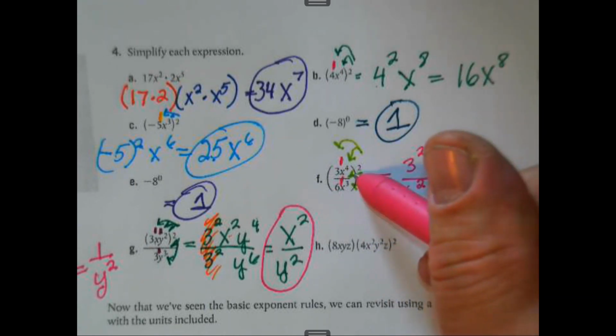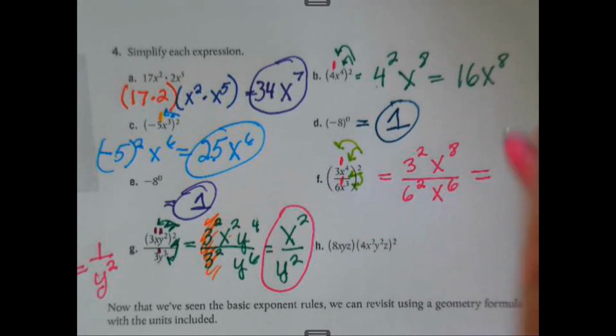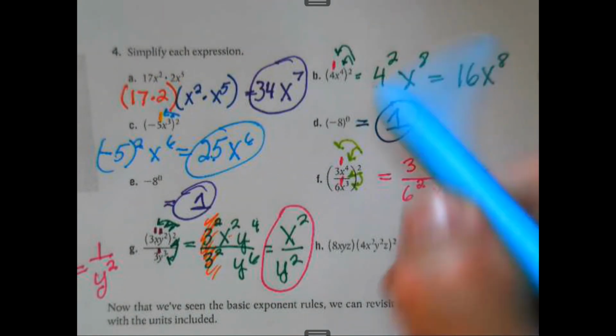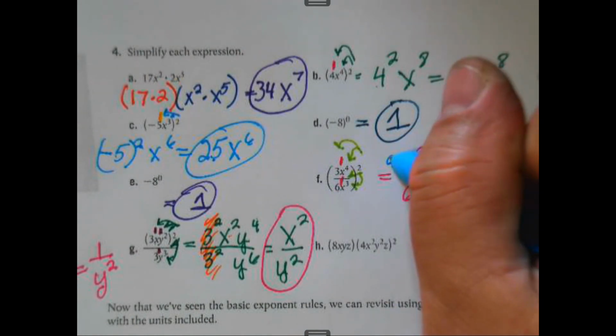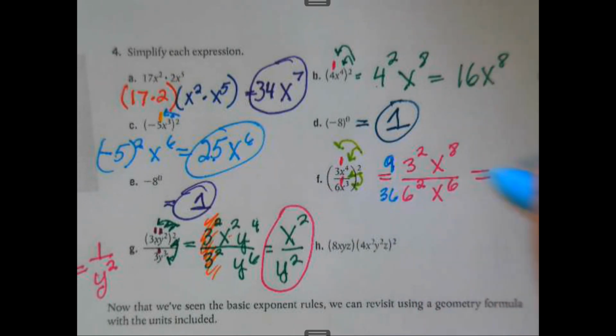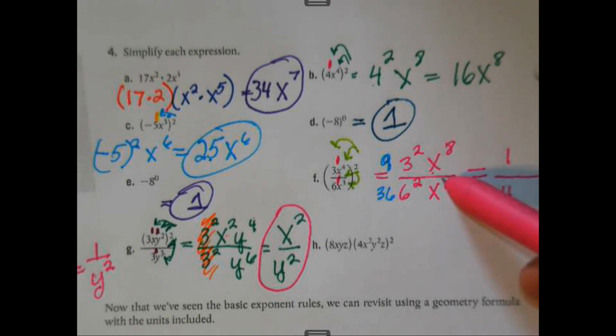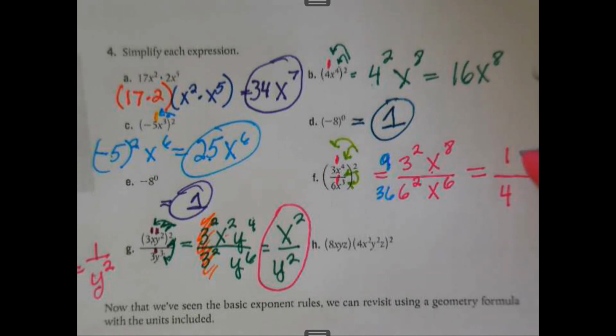And x to the 3 times 2 is x to the 6. Okay, 3 squared is 9. 6 squared is 36. 9 over 36 can be reduced to 1/4. X to the 8 minus 6 is x squared. It's positive, so it's going to stay up on top.